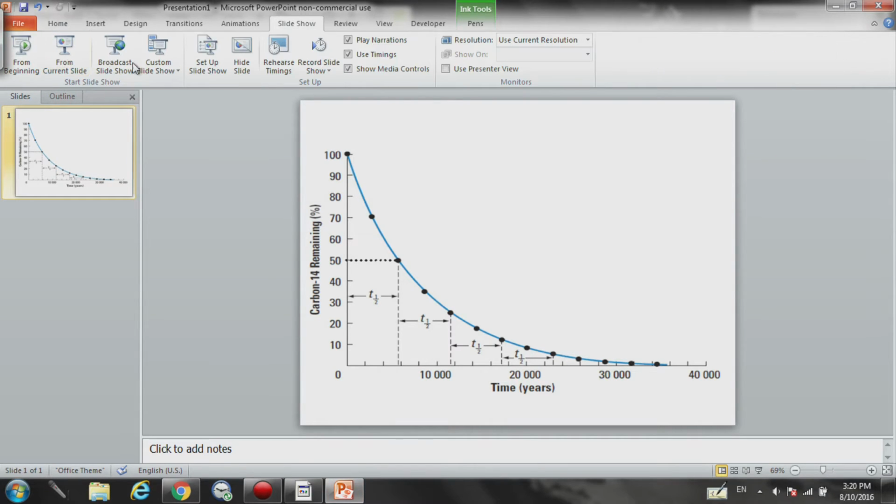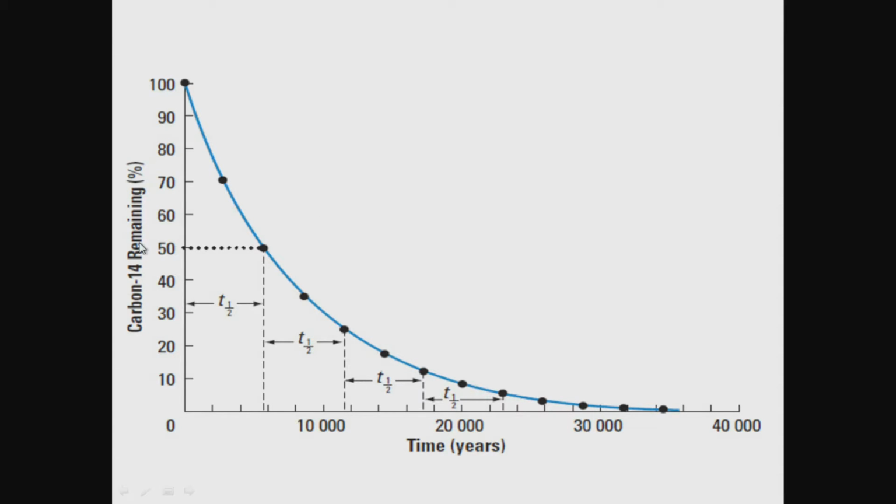So look at this, for example. For carbon-14, if there's a certain amount of stuff in the beginning, when we say its half-life is a certain number of years, it means in that first half-life, half of the material will be no longer radioactive.